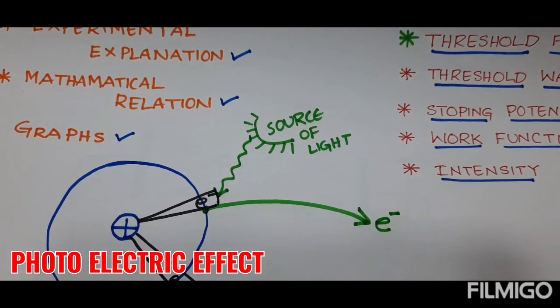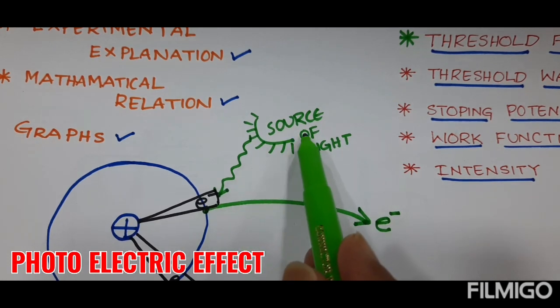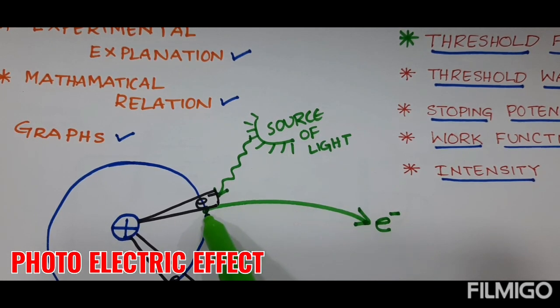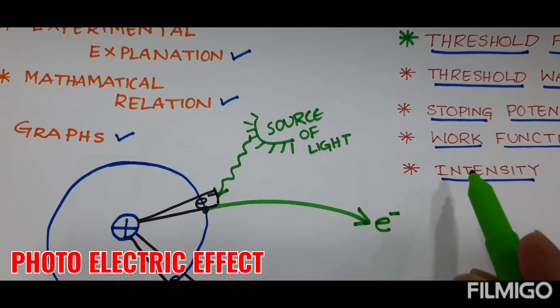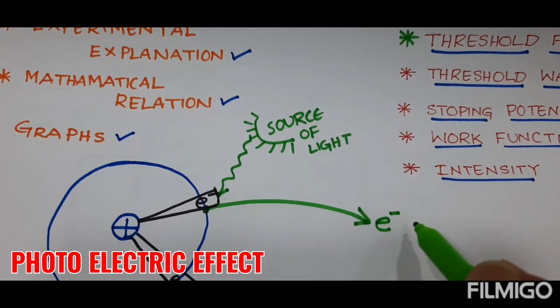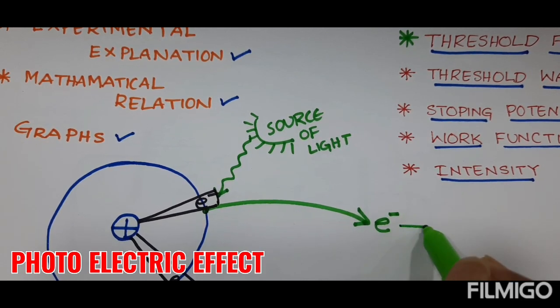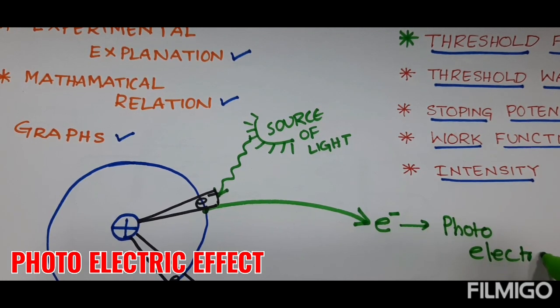I am repeating. When radiation falls on the metal surface, the electrons are excited and ejected out from the nuclear attraction. That phenomenon is called photoelectric effect, and the electron which is obtained is called photoelectron. The ejected electron is called photoelectron.